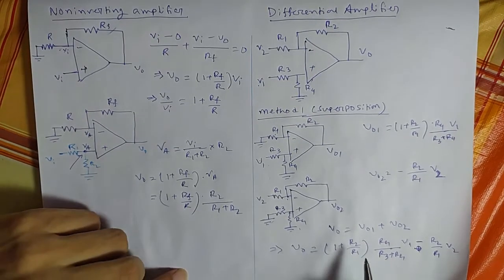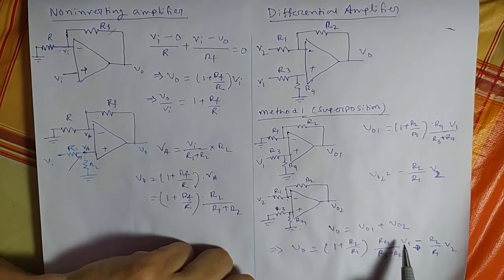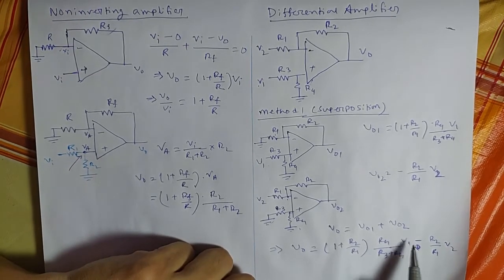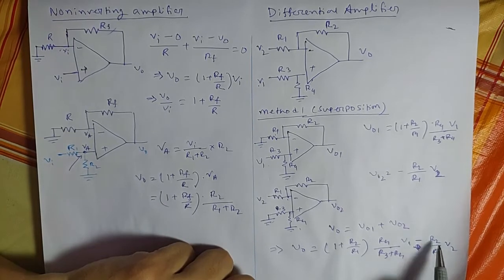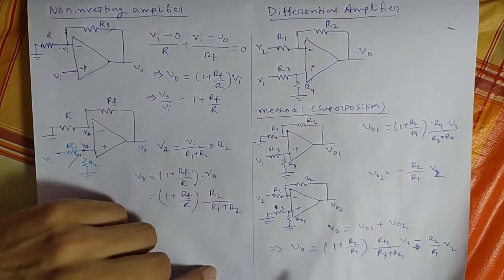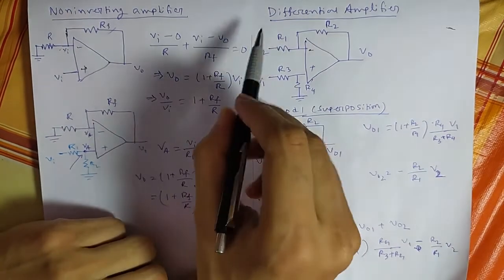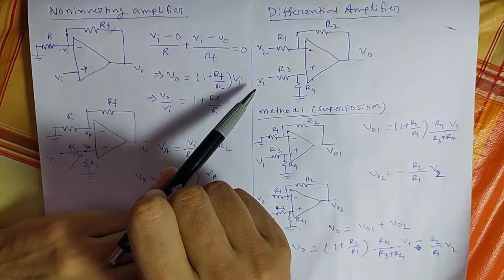Now we can see that the output is a subtraction of the two input potentials, that is V1 minus V2, with different strength. You can see V1 is multiplied by this factor and V2 is multiplied by this factor, but still there is some subtraction. Our objective for the differential amplifier is to amplify the difference between the two signals.